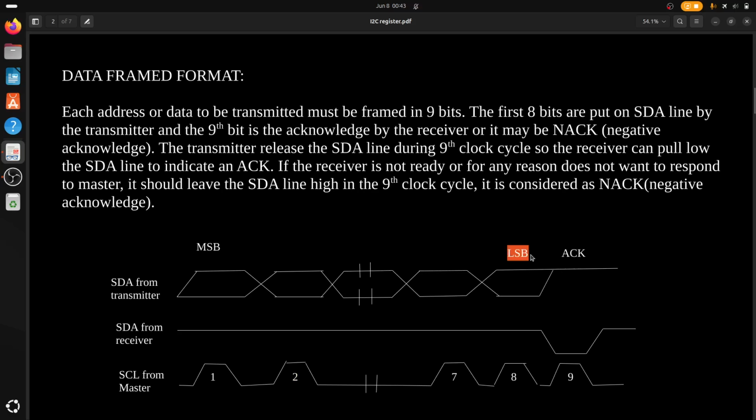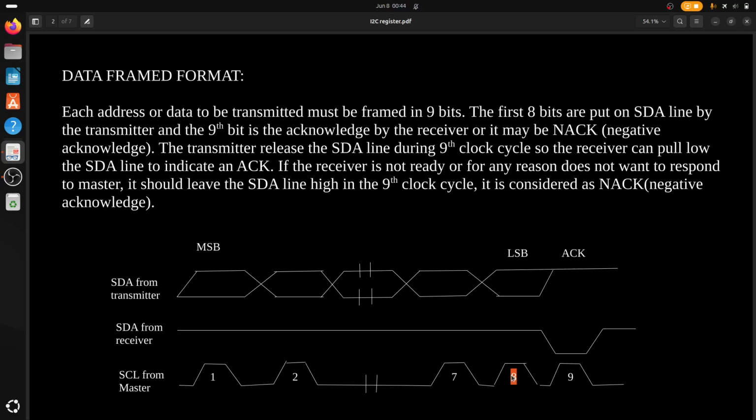Then the lowest bit, the LSB, is sent in the 8th clock cycle, because the data contains 8 bits in total, so the lowest bit will obviously be sent in the 8th clock cycle, right? Because one bit needs one clock cycle each.